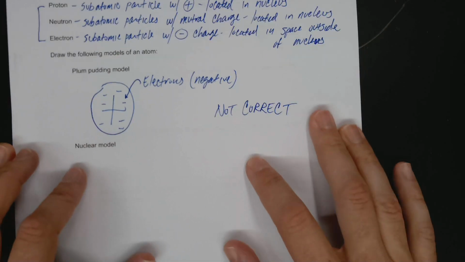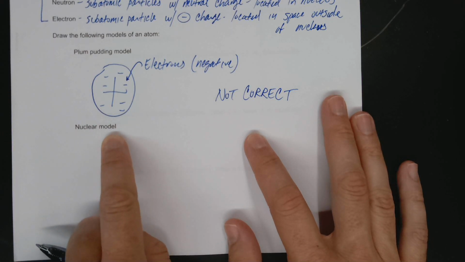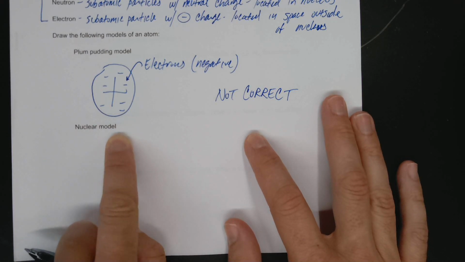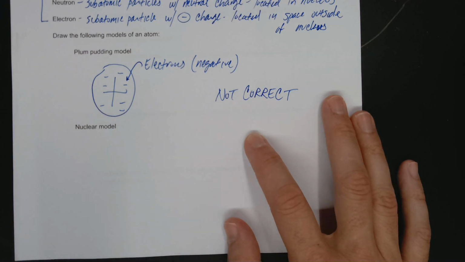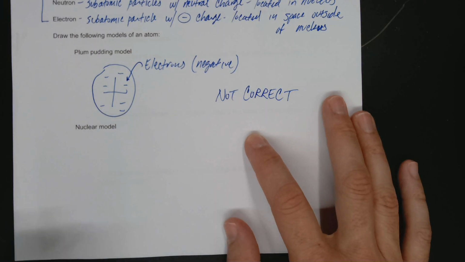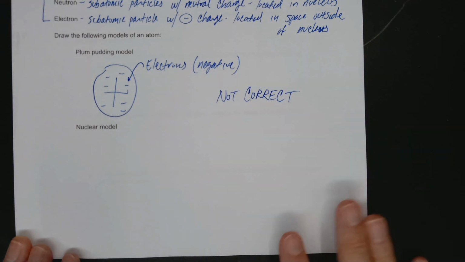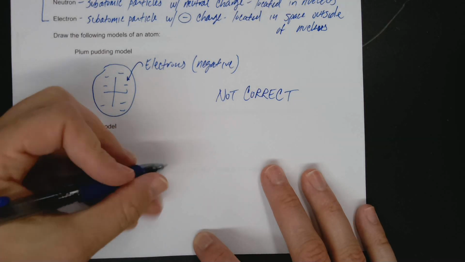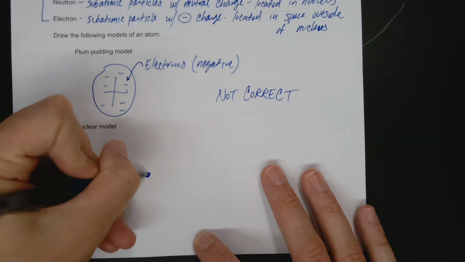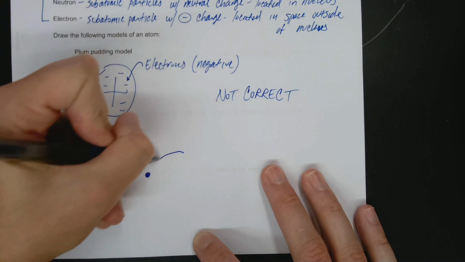Now, about 15 years later, we talked about Ernest Rutherford and the gold foil experiment, and this led to the nuclear model of the atom. So Rutherford shot those alpha particles at gold atoms and saw that some of them were deflected. And he reasoned that they were deflected by what we now call the nucleus. So the nuclear model has a central nucleus that is small and dense.